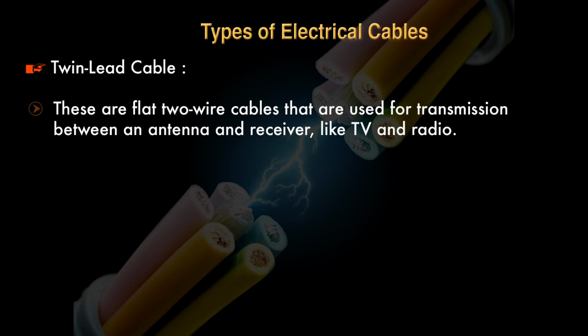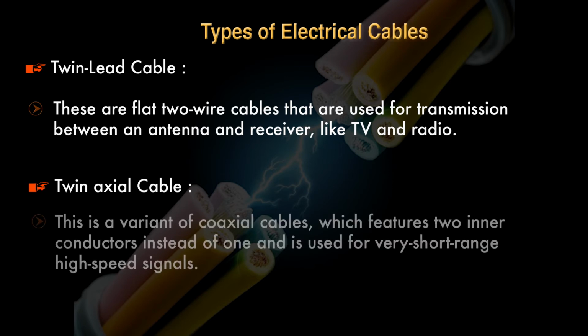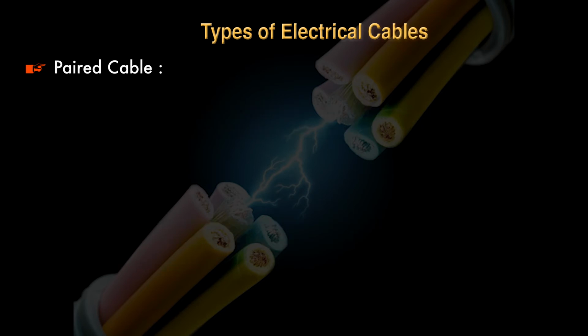The next type of cable is twin lead cable. These are flat two-wire cables that are used for transmission between an antenna and receiver, like TV and radio. Another type of cable that we are discussing here is called twin axial cable. Twin axial cable is a variant of coaxial cable which features two inner conductors instead of one and is used for very short range high speed signals. The next type of cable is called paired cable.